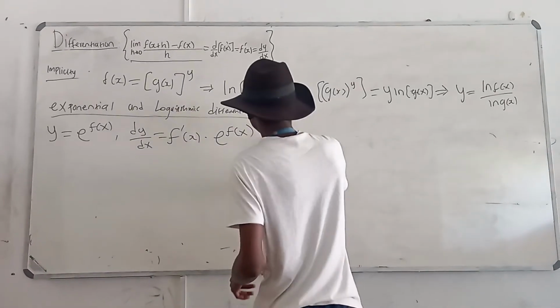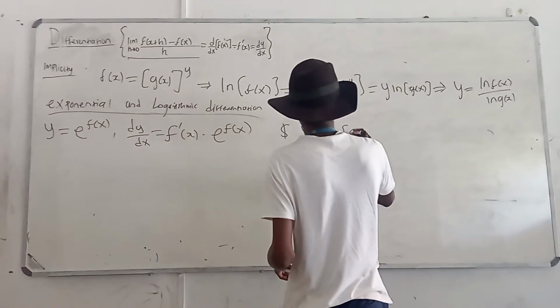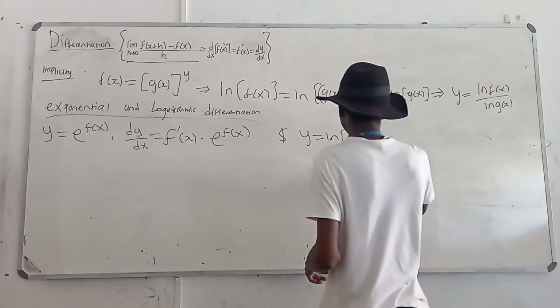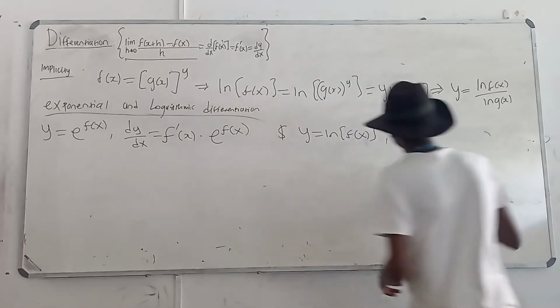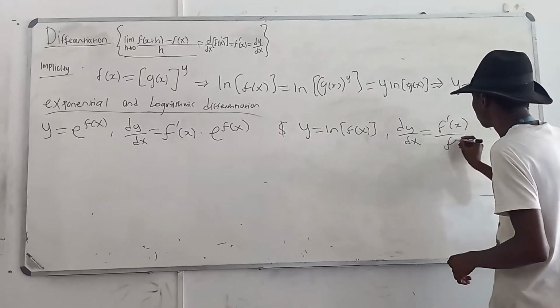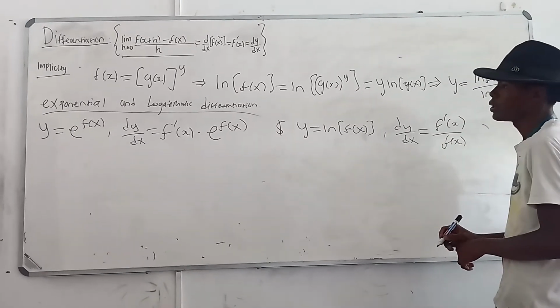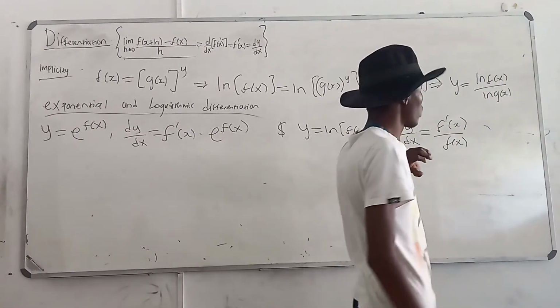And also, we know that if y is the same as ln of f(x), we can write dy over dx as f prime(x) divided by the function itself. So this is your exponential, this is your logarithmic.